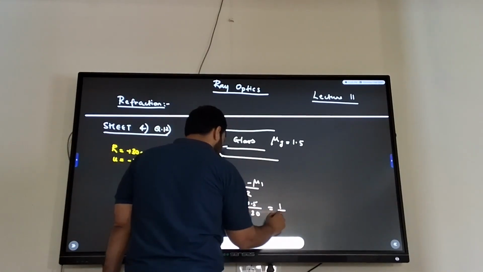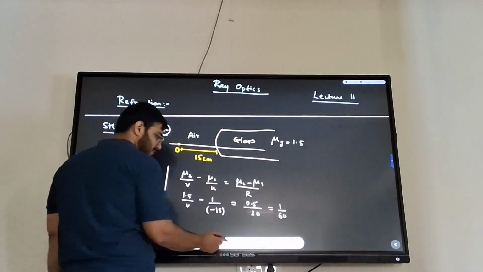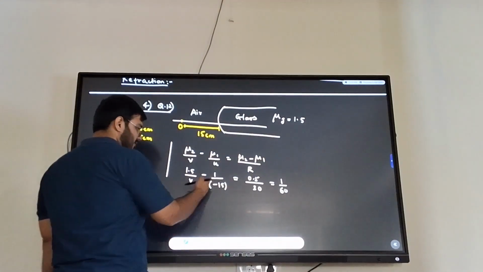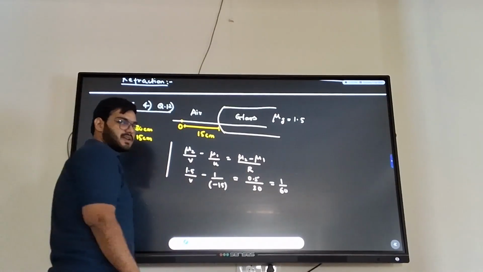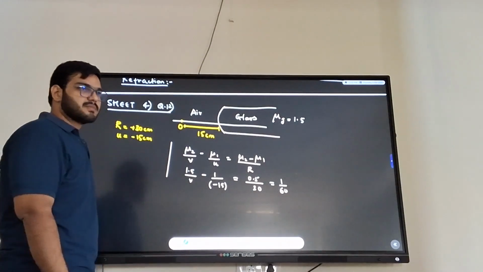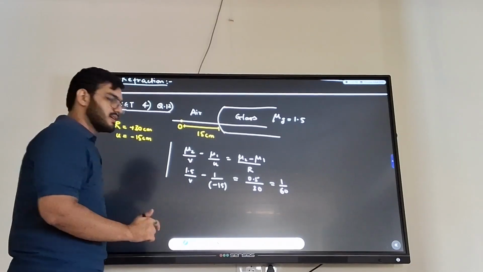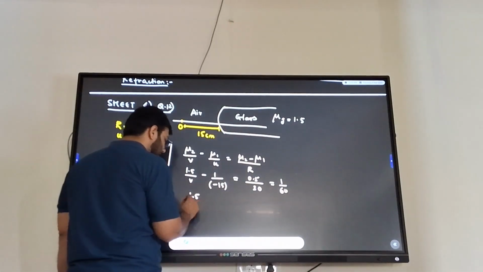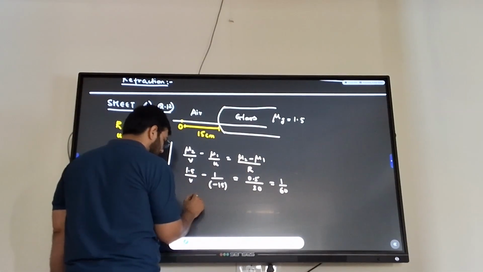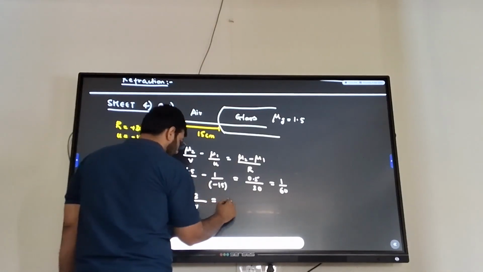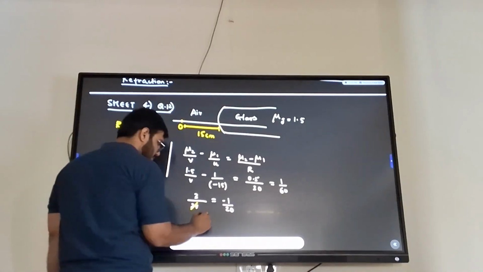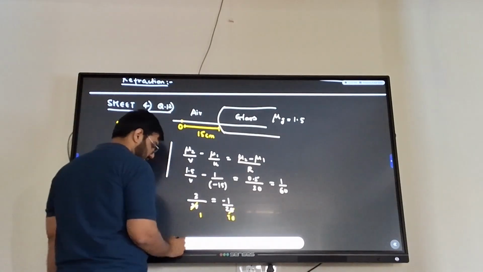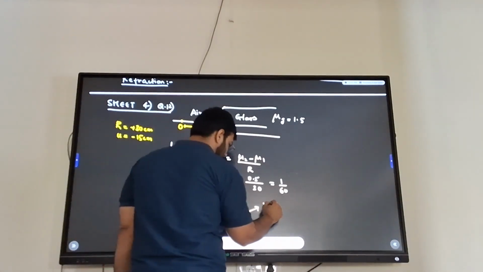This will become 1 by 60, I think. 1 by 60. 1 by 15 plus, that goes there, becomes minus 1 by 60 minus 1 by 15 is what? Something like minus 1 by 20 maybe. Check it by calculations. So this is 3 by 2V minus 1 by 20, and I think you will get something like V is equal to minus 30.